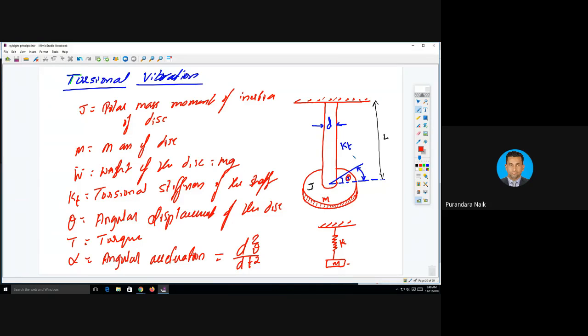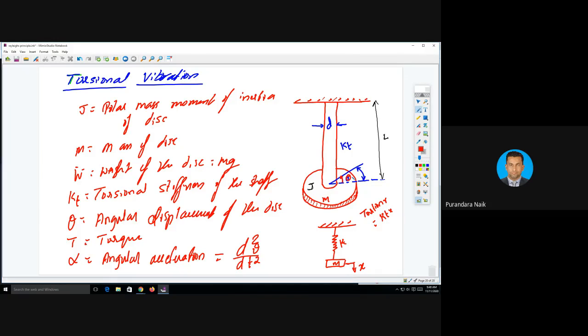So what is the torsional resistance, or the torque, offered by this kT? Torsional resistance is equal to kT into the displacement. In the spring mass system the displacement is x, but here the displacement is angular.